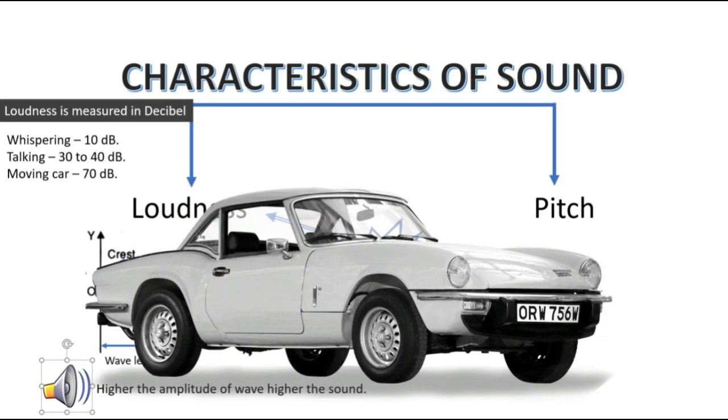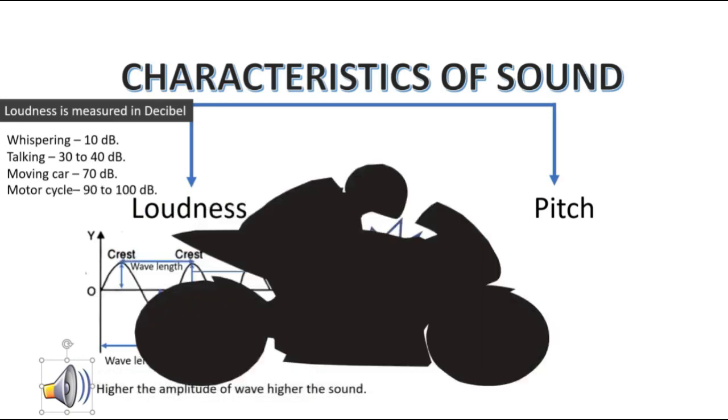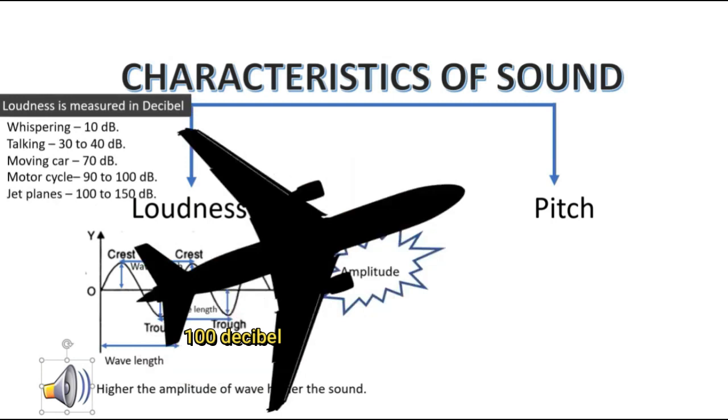A fast motorcycle can go up to 90 to 100 decibels. And the jet plane will be around 100 to 150 decibels. And when loudness is more, then it can damage our ear also.